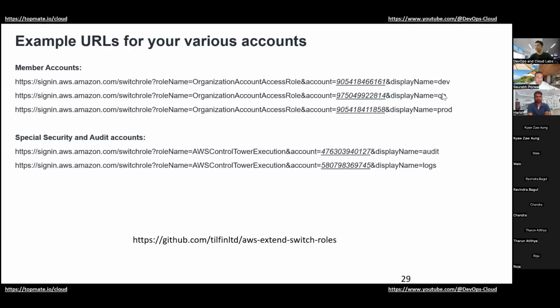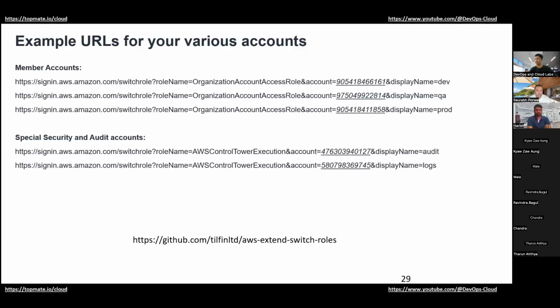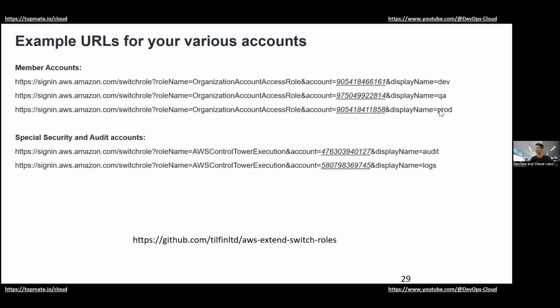Then we created these dev, QA, prod, 3 different accounts. The Control Tower automatically created audit and logs accounts for us. Right now, it's still a manageable situation. It's 3 member accounts, 2 special accounts, and my main master account, so 6 accounts to manage, but things can grow really fast in any organization.